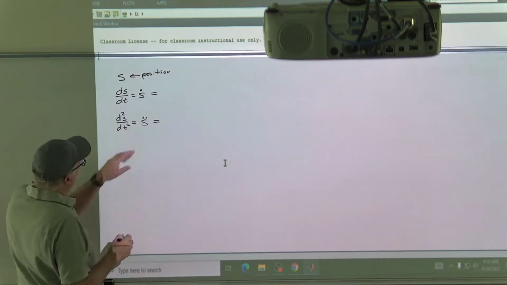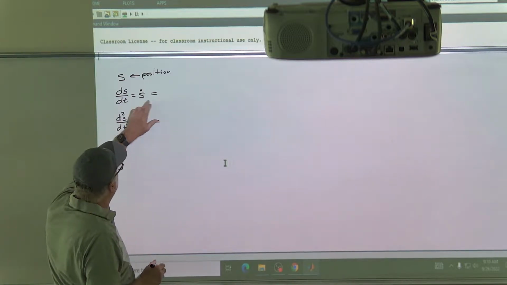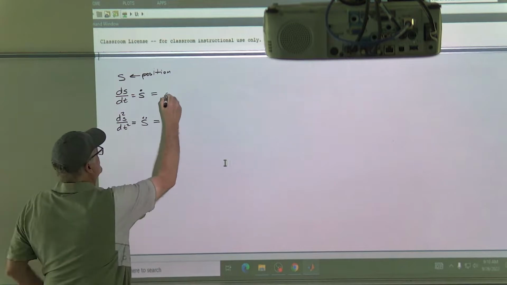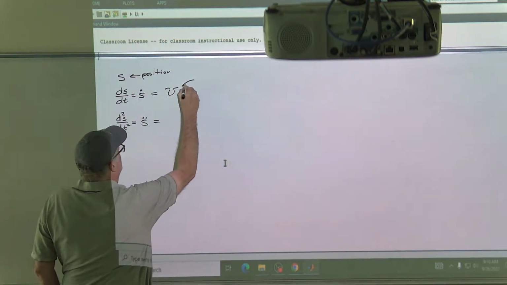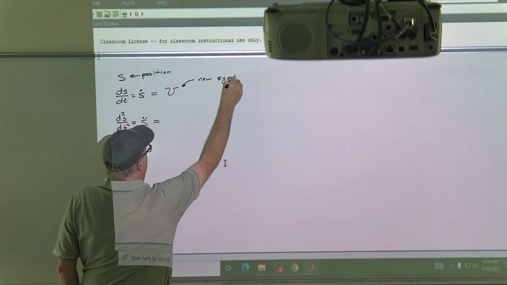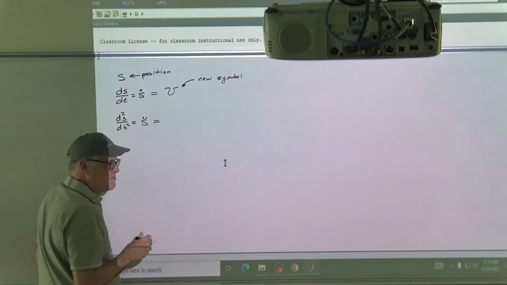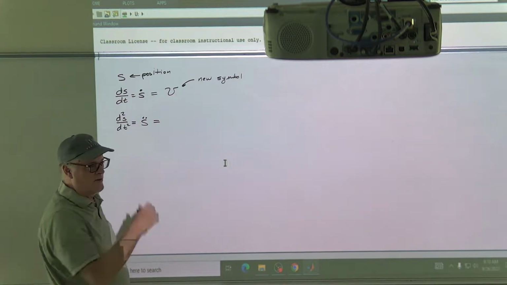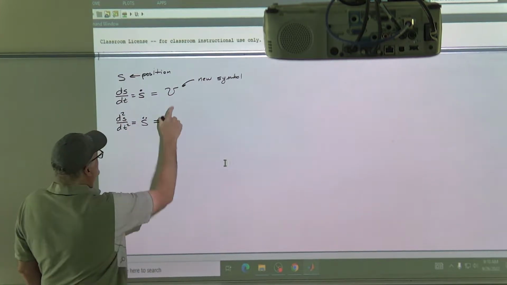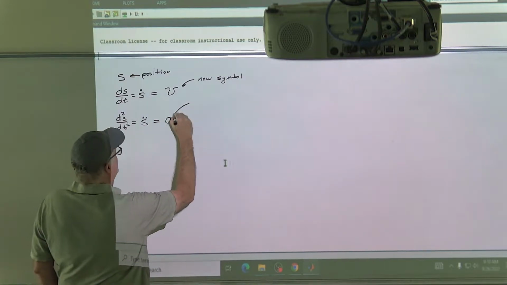And what somebody decided is instead of looking at this or this, they came up with a new symbol. Now this may seem stupid what I'm doing, but I'm laying the groundwork for what happens in this next chapter. Somebody decided they would call that a new symbol.